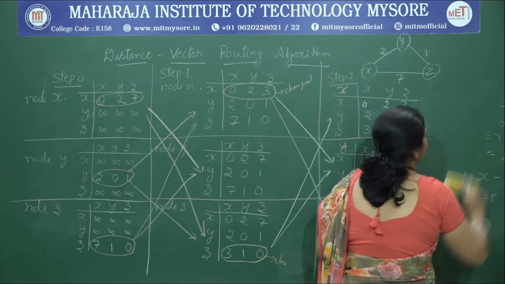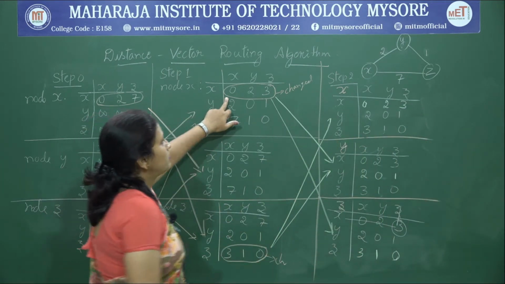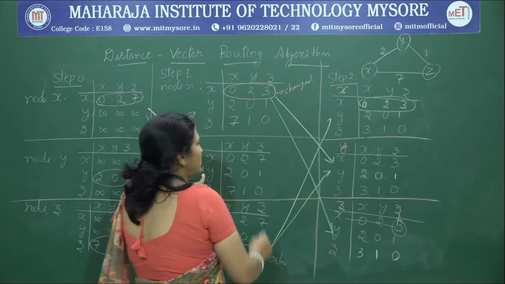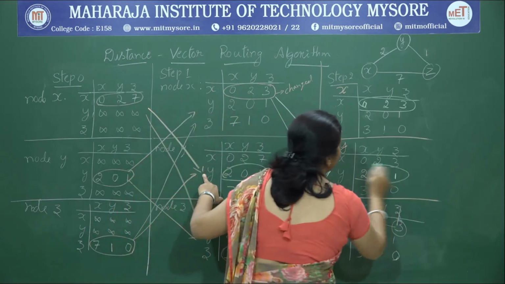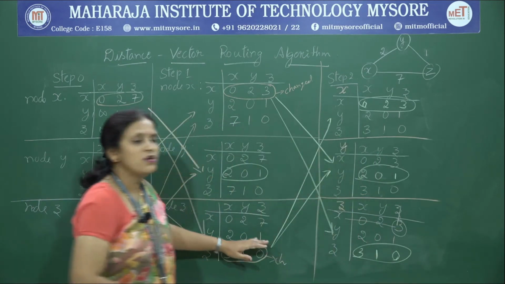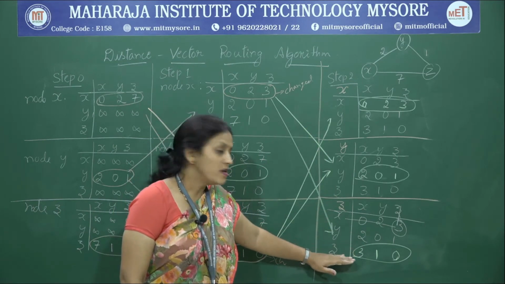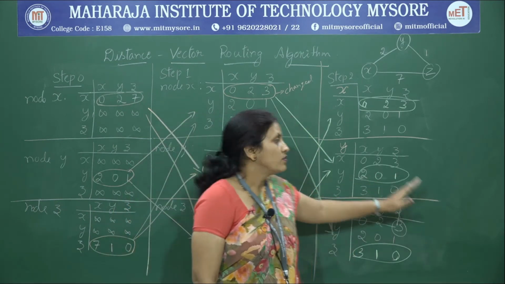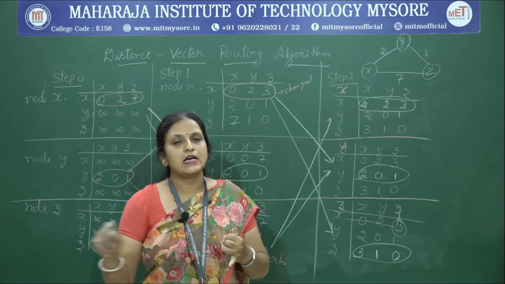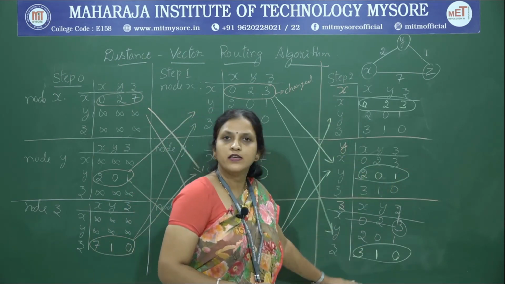Now, if you look at the distance vectors here in this step and the previous step, distance vector for x is same, distance vector for y remains same, distance vector for z remains same. So, there is no updations in the distance vectors of x, y and z. So, the algorithm converges here. Until there is any change in the cost of the link, in the least cost path from x to any other vertex, the value remains same.